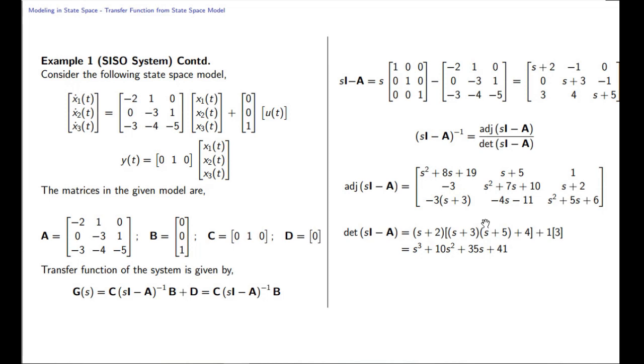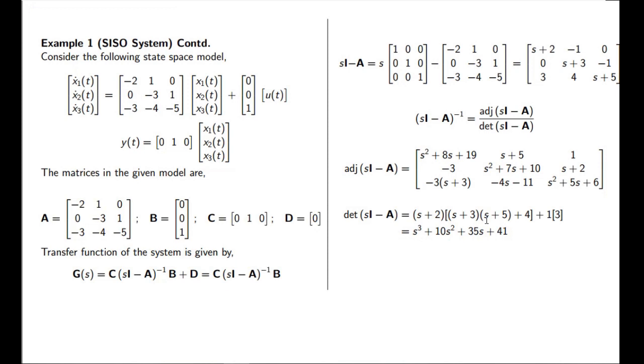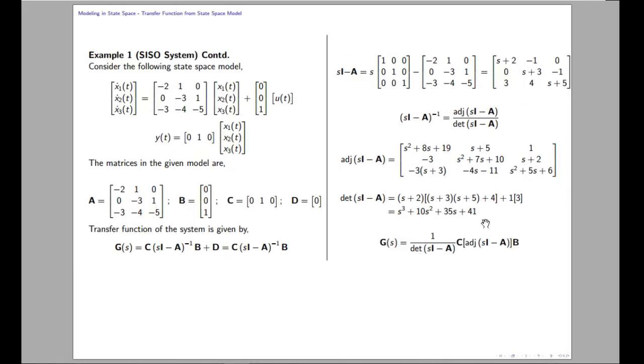So what next? I can substitute this sI minus A inverse by the adjoint of sI minus A divided by the determinant of sI minus A. Since the determinant is a scalar quantity, I can take that outside, and these are all matrices. Now the job is just to put all these matrices here.